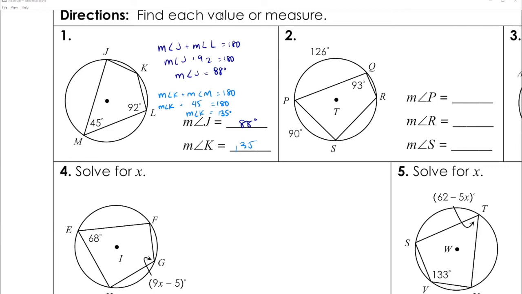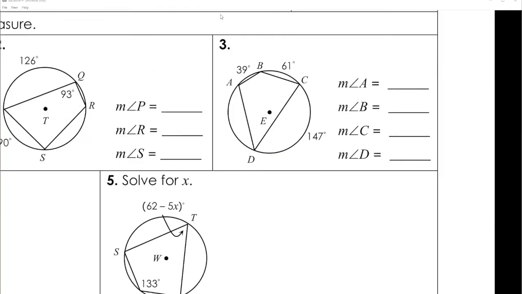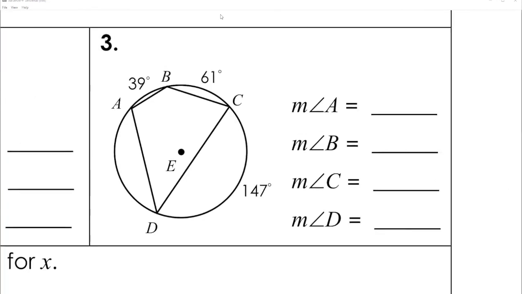Let's look at number 3 because it's fun. So number 3, we can find A, B, C, and D based solely on arc AB and arc BC. I know they threw a whole lot at us, but it's okay. What we're going to do first is find the measure of our inscribed angles.